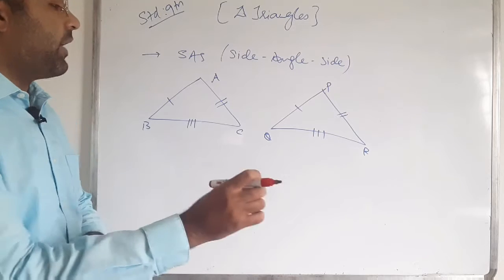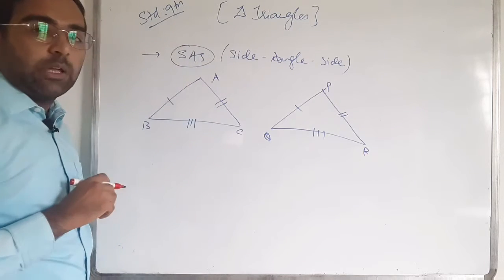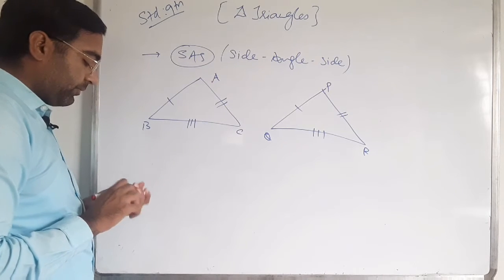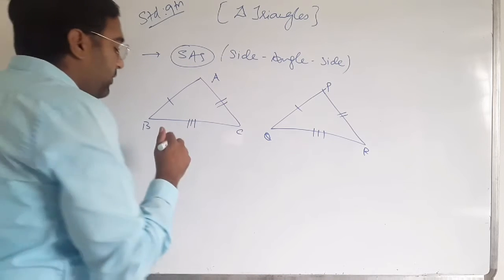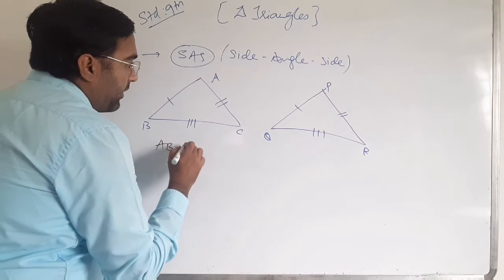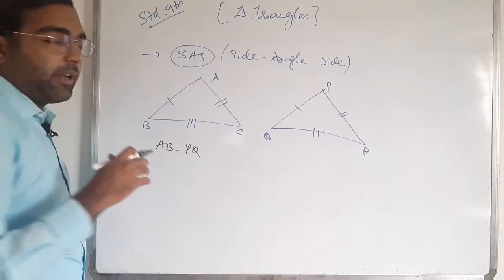Now for side angle side, we have seen that we must take all angles and all sides equal.